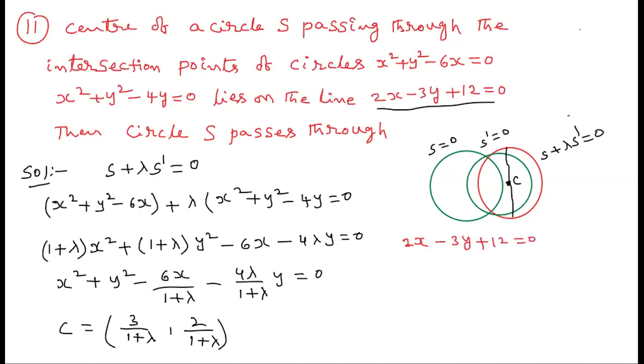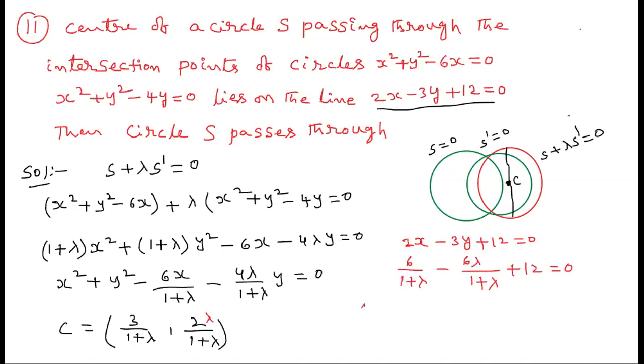In place of x and y, substitute that. We get 6 by 1 plus lambda minus, now here we get one more lambda, 6 lambda divided by 1 plus lambda, plus 12 is equal to 0.